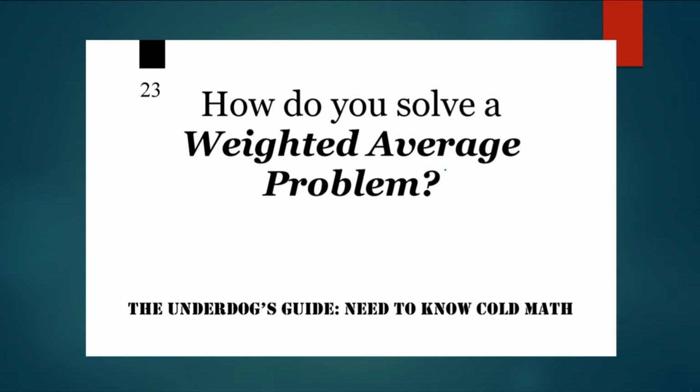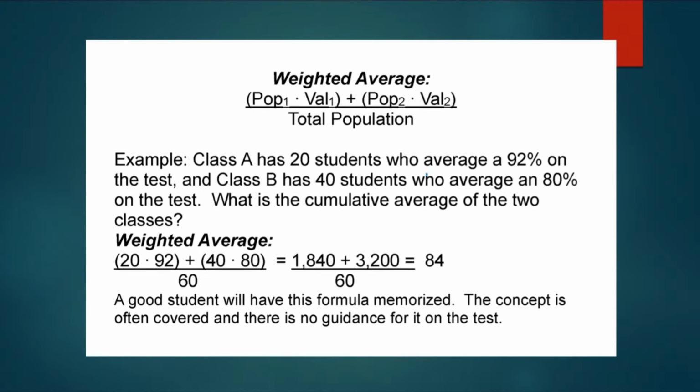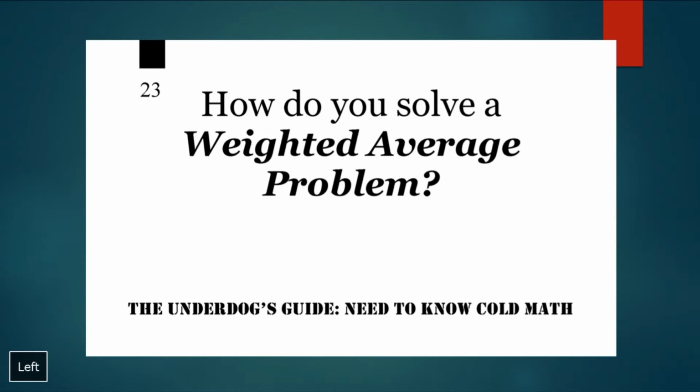Alright, weighted average questions. This is another formula you just have to memorize. You're given zero guidance from the SAT formula sheet, and they do test you on it. So, the quintessential weighted average question is something to the effect of this. Class A has, we'll say, 20 students in it, and they managed to average a 90% on the test.